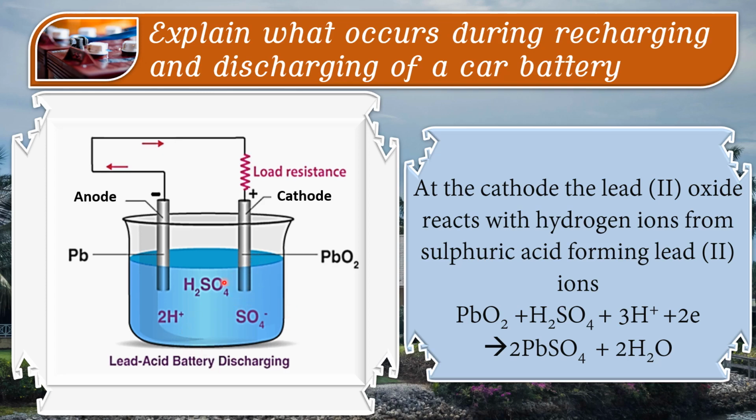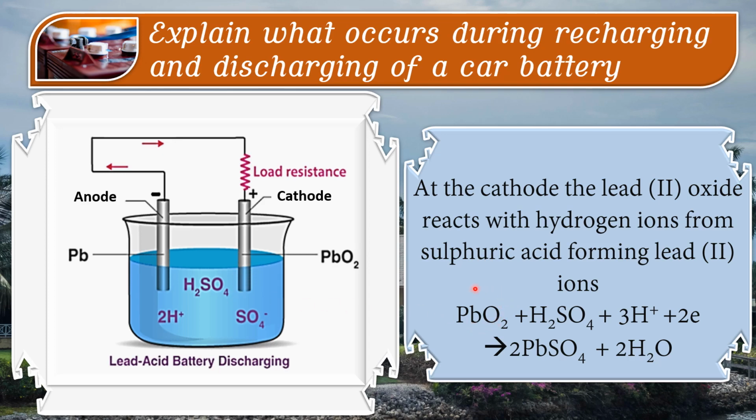And then the lead 2 ions, which have dissolved into the solution, will react with the sulfate ions, and they will end up forming lead 2 sulfate, which is a white precipitate or white solid that is going to accumulate on the electrodes.